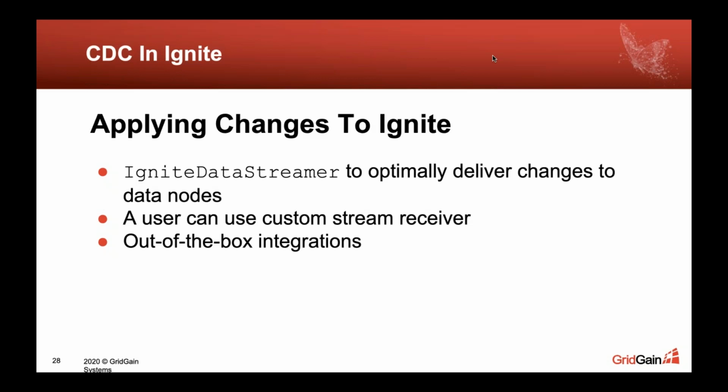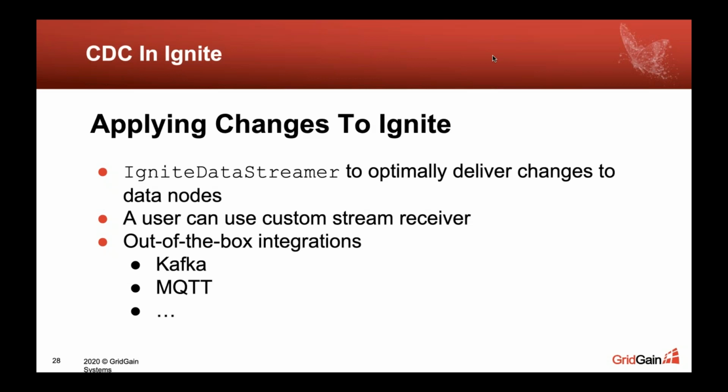We may combine Ignite Data Streamer with several solutions such as Kafka or MQTT and a lot of others which are already available in Apache Ignite. These integrations, basically, with a few lines of configuration, allow you to plug your CDC stream from another system to Ignite.